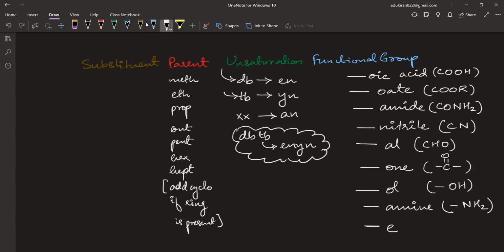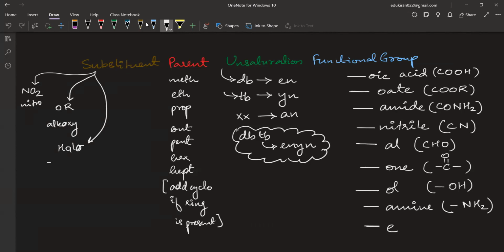You can say that, not three, I can say there are four rather. Either the NO2 will be present. If NO2 is present, then we write it as nitro. And if there is OR present, then we write it as alkoxy. And if there is a halogen present, then we write it as halo.